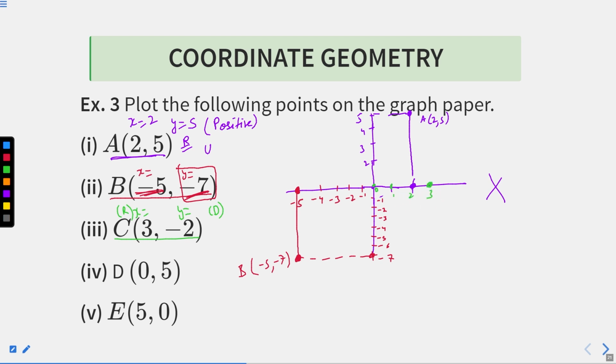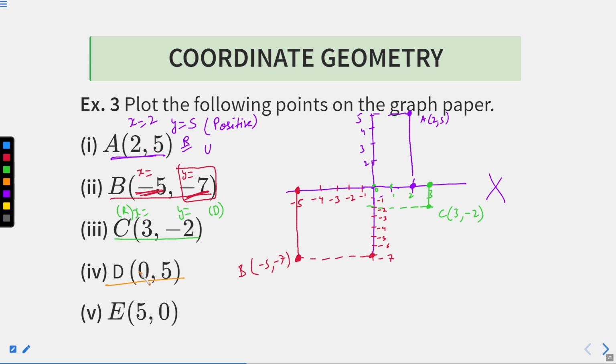So we are here now. Now we have to move -2 points. So where is -2? In the downward section of the y-axis. So we have to move downward till we get to -2. So here is our C point (3, -2). Clear?